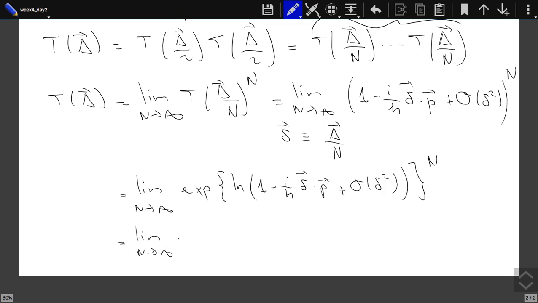Limit n goes to infinity of exponential. Well, the Taylor expansion of logarithm of 1 plus x is equal to x plus terms of the order of x squared. If x is sufficiently small, I can just ignore the higher order terms.